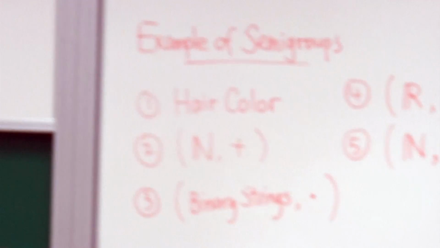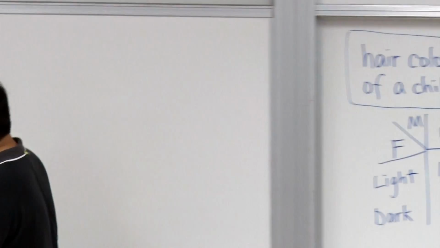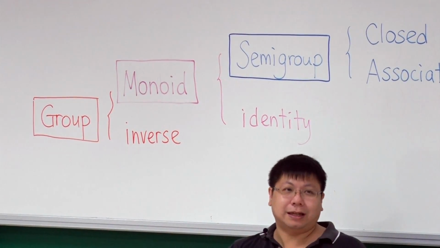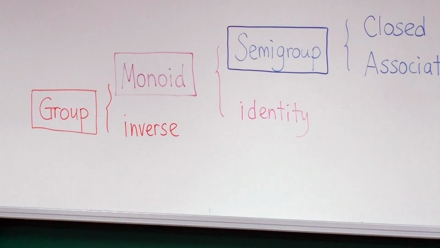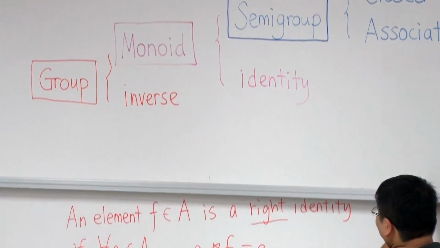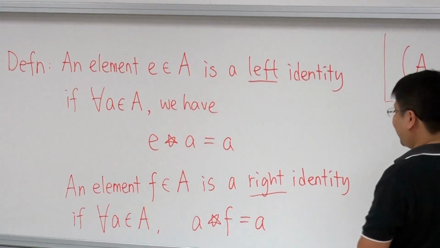And finally, we can define what a group is. A group is a monoid together with an inverse. So what is an inverse? Inverse is a simple idea. This is a definition.